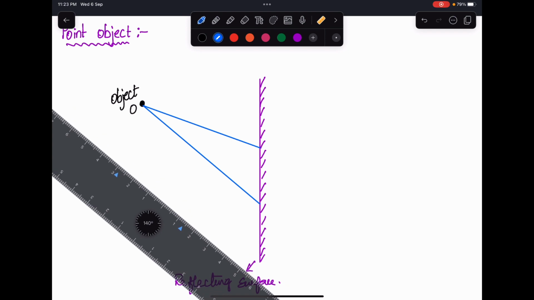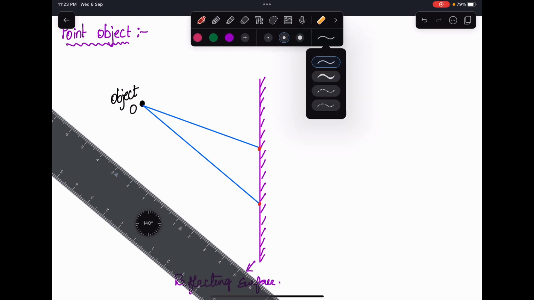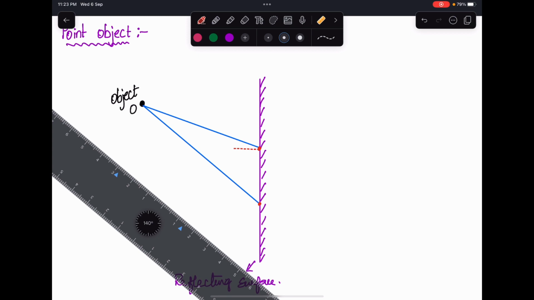Now what I observe over here is there are two points of incidence. This is one point of incidence and this is the next point of incidence. Now what do we have to do after getting a point of incidence? Yeah, you are right, we have to draw a normal, sir. Correct. How is the normal to be?